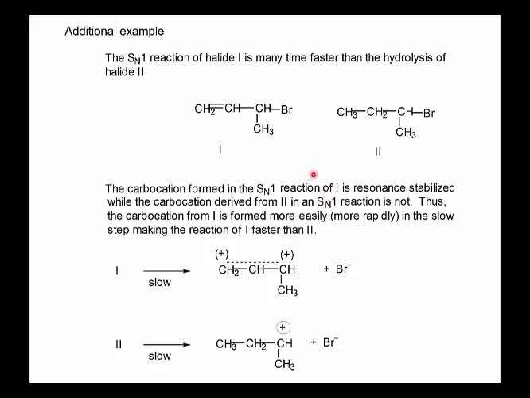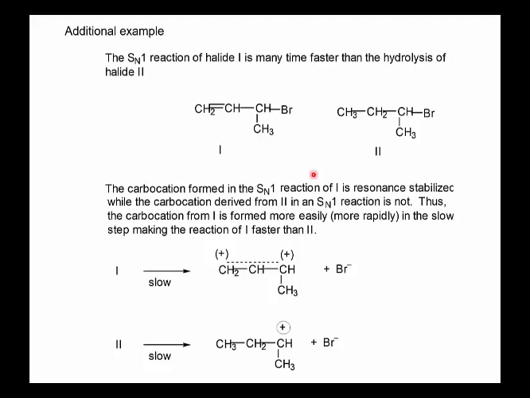To understand differences in reactivity, we always have to go back to the mechanism. We're told that the mechanism is SN1, and what is SN1? Well, it's a substitution reaction. That's 2 steps. The first step is the formation of a carbocation, and that's a slow step.